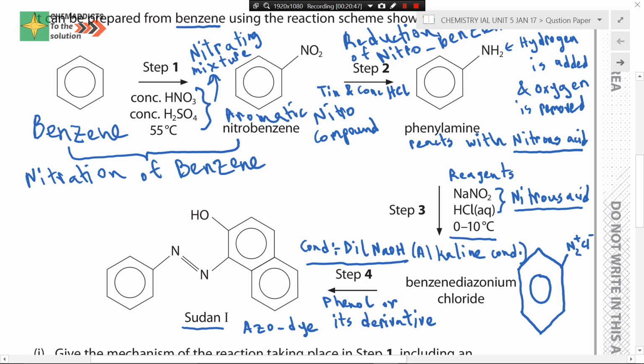So under alkaline condition, we are reacting benzene diazonium chloride with phenol or its derivative to give the azo dye.